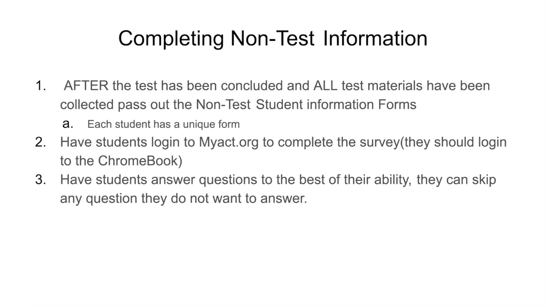You're going to have the students log into their Chromebook, and they're going to go to myact.org, and they will log into their ACT account and complete the survey using the code that is on their form. The directions of what they need to do is also on that form. Most of the students have created their ACT account, but as you know, this has been a challenging year.